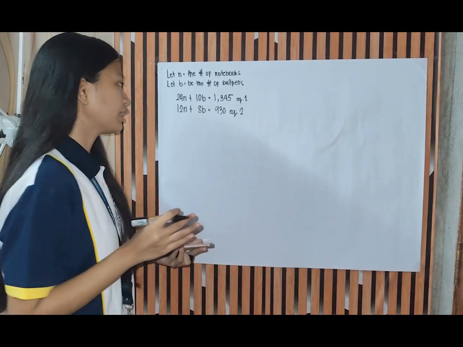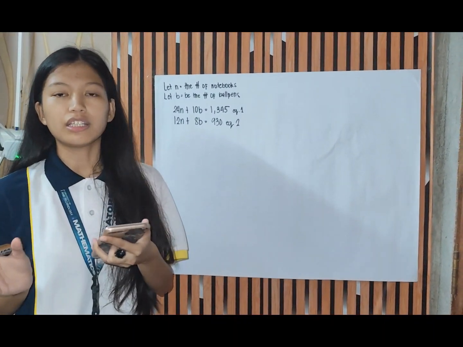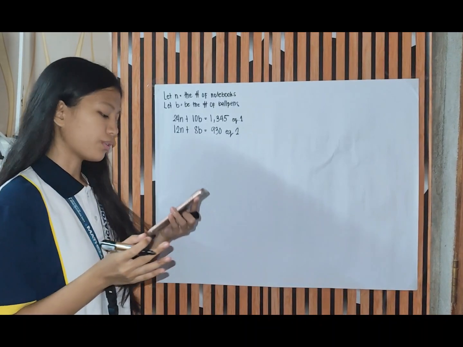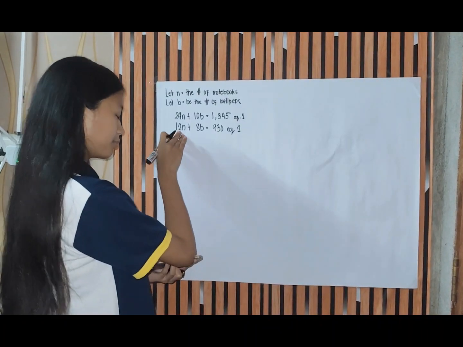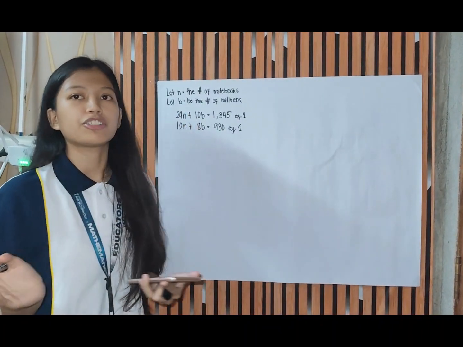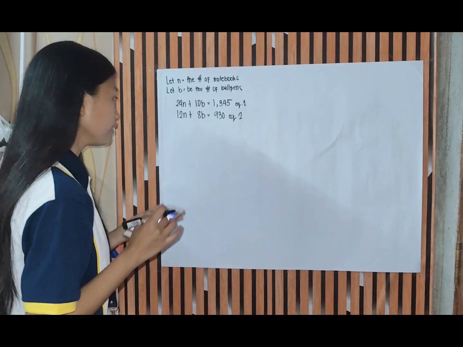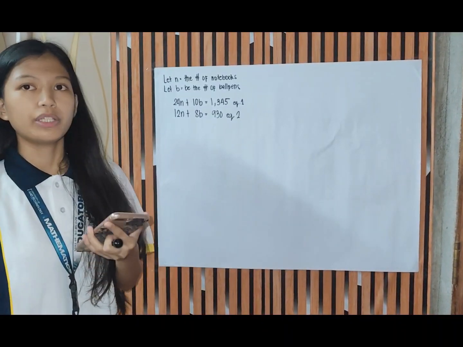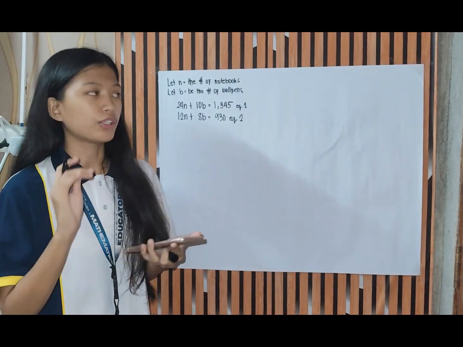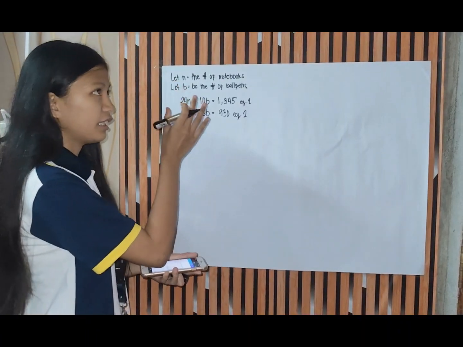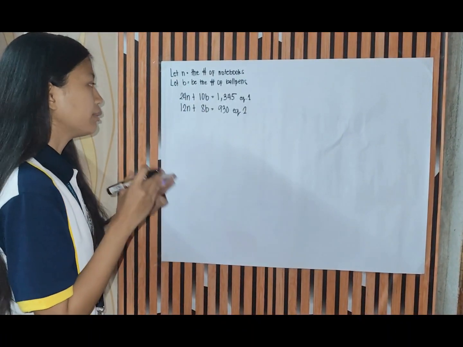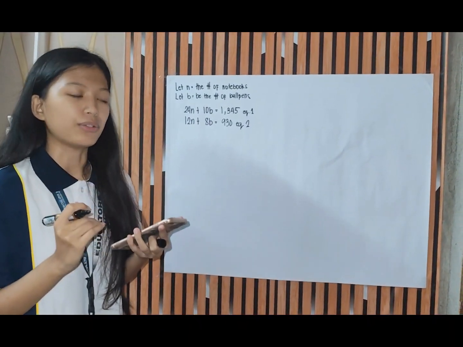Now the second thing is, what method are we going to use? Here, we are going to use the elimination method. The next thing that we need to do is eliminate one variable to find the equation that we will be using to find each value.